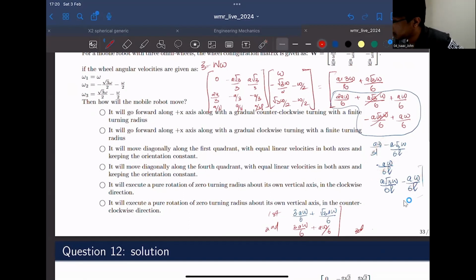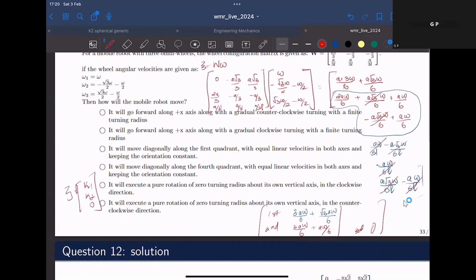So these will get cancelled and these will also get cancelled. So the third row is basically 0, right? So how will this look? Zeta will look something like a positive quantity here, K1, K2, and the third entry would be 0.